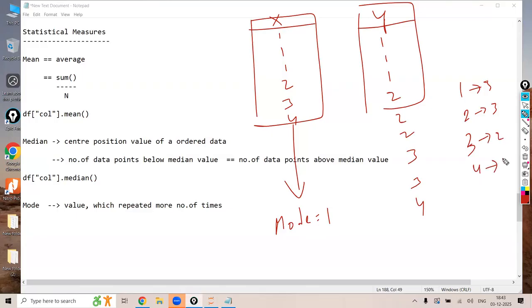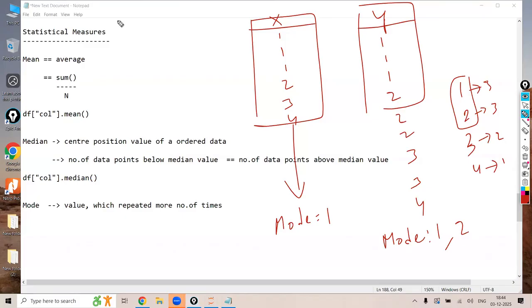Which numbers got repeated more number of times? 1 and 2. So you consider both of them as the mode, not the average, both of them. So the mode for this data is 1, 2. Two modes are there, which we call bimodal.